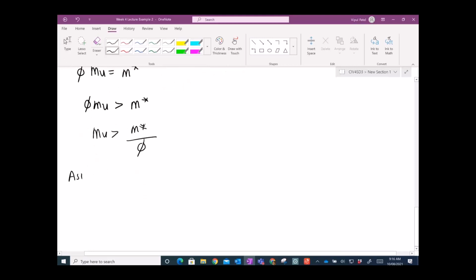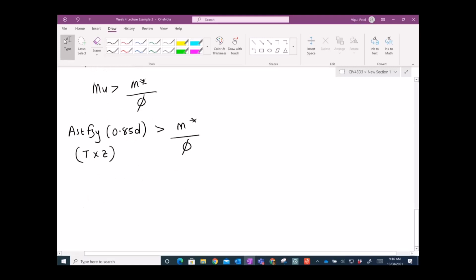Let's say Ast fsy times 0.85D, this is tension times Z, the lever arm, is greater than M star over phi. Right. So if you want to know what is your Ast, then M star over phi fsy 0.85D.